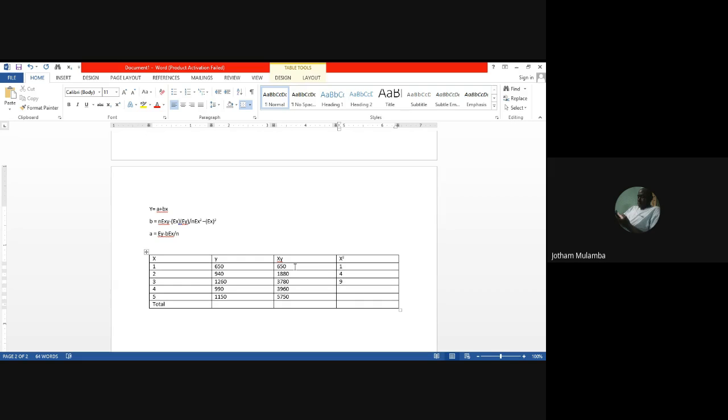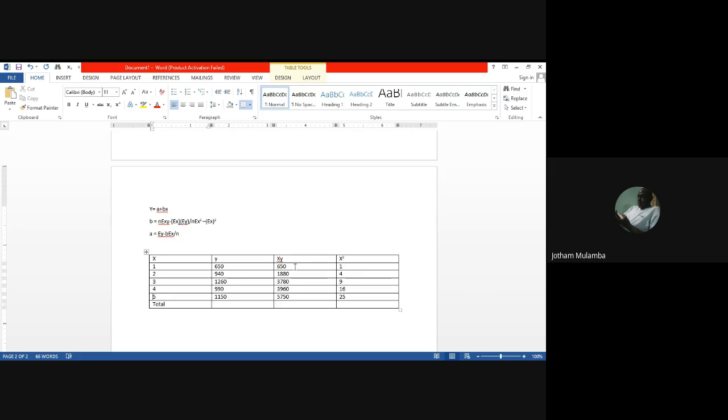Year 4 is 4 times 4, which is 16. The last one is 5 times 5, which is 25. So now the next activity we want to undertake is to get the summations, the totals.